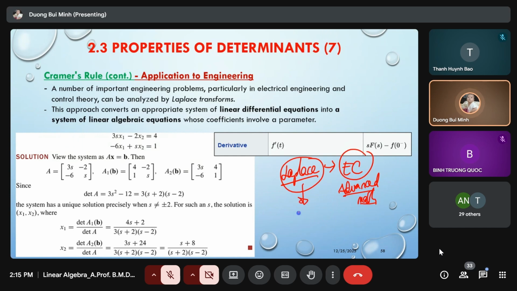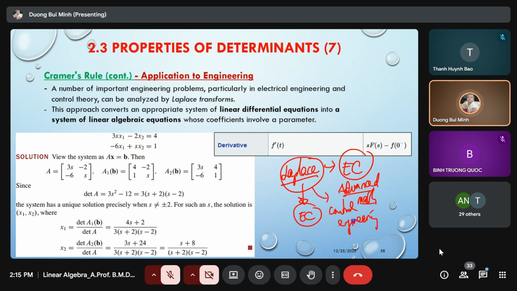Laplace is very important for electric circuits, so try to study it very well. I will not teach you electric circuits; another lecturer will. But I emphasize to you, Laplace is very important for electric circuits and also for control engineering.